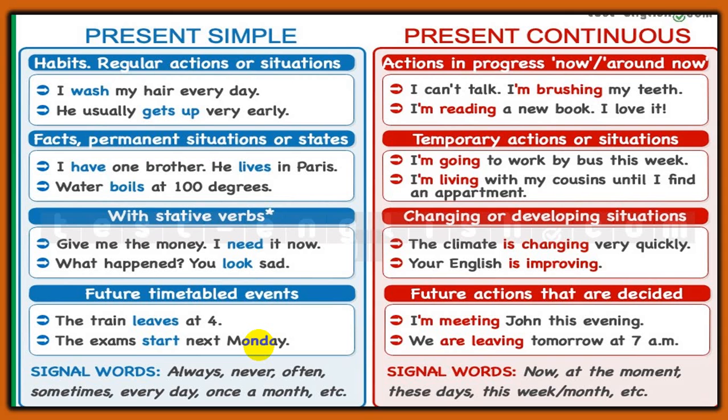Okay, we can form the present simple tense when we see its keywords like always, never, often, sometimes, every day, once a month, or once a week, once anything, etc. Let's turn to the second tense, which is present continuous.